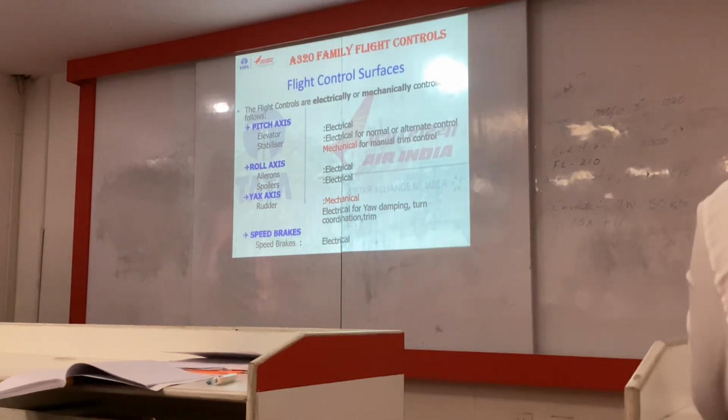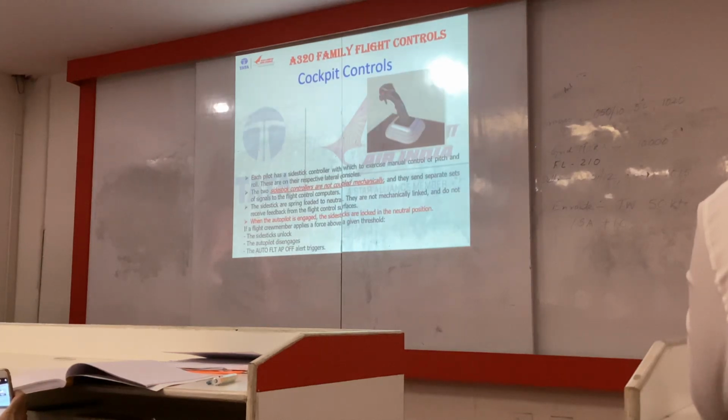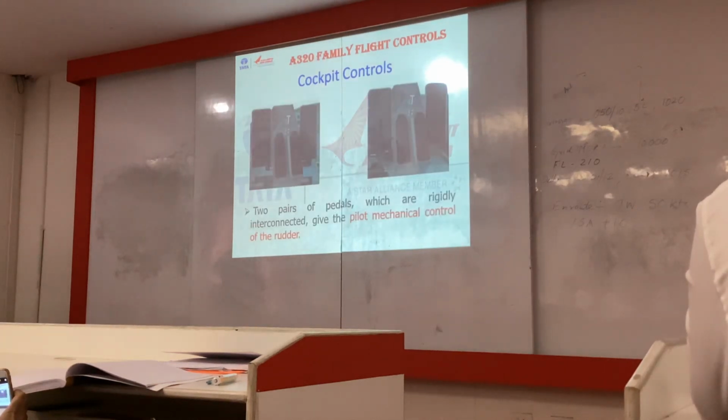And mechanical also for manual control. Roll axis, ailerons and spoilers are there, so both are electrical. Yaw axis, the rudder is mechanical and electrical for yaw damping and turbo. Speed brakes are electrically controlled.